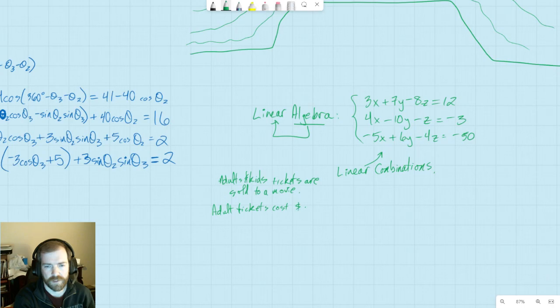Adult tickets cost $9. Hint. Yeah, I'm German apparently. Kids are $4.